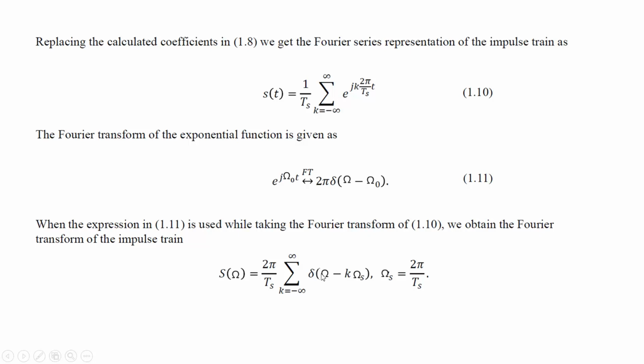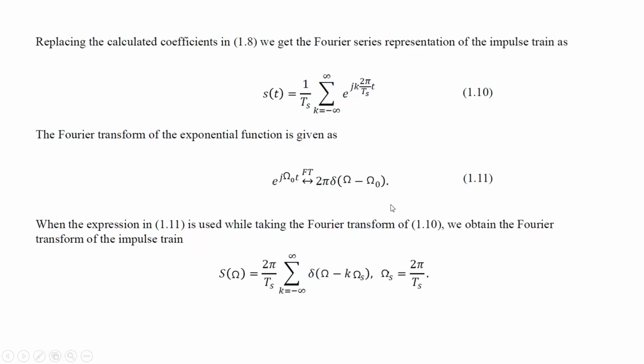So this delta omega minus, now what is the value of omega naught in this property? The omega naught in this property will be equal to, in our expression, k omega_s, where omega_s is equal to 2 pi by T_s.